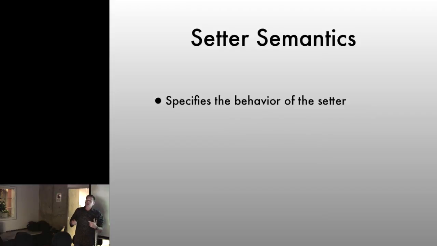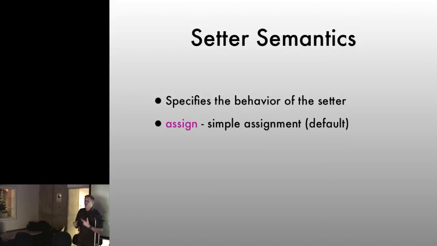So, back to properties. How does this all retain the properties? Remember, properties specify a getter and a setter for your instance variables. You can specify what type of setter your setter method is. Typically it's assign, which is the default.